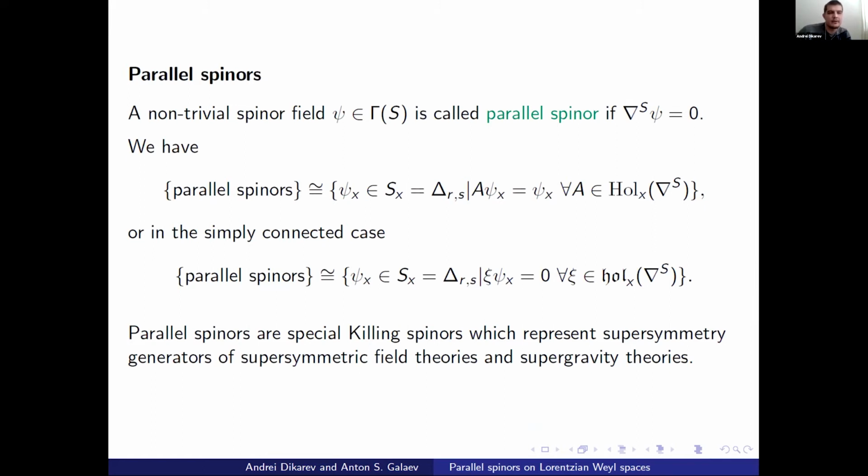Here I will give the definition of parallel spinors. A non-trivial spinor field psi is called parallel if nabla S of psi is equal to 0.